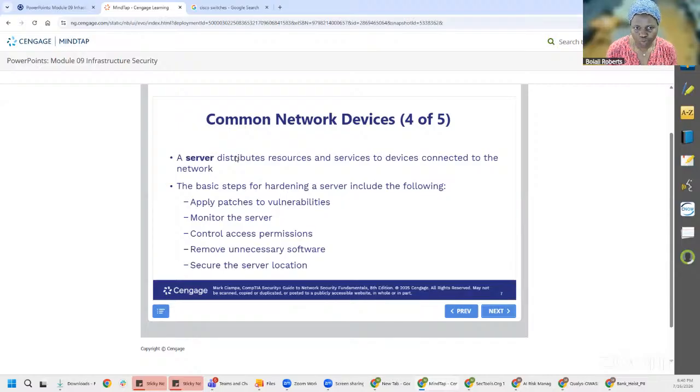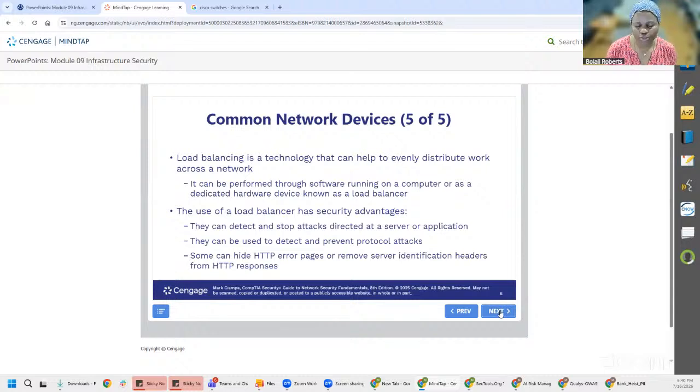That's not a good thing. Or your web server is also a database. It means that the data can be reached from the internet. That's what it means. All right. So making sure that's separate, controlling permissions, removing unnecessary software, and physically securing the location of the server is also one way of securing those servers.